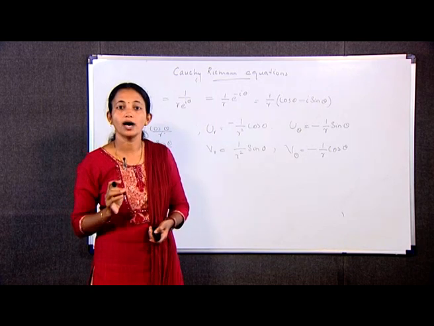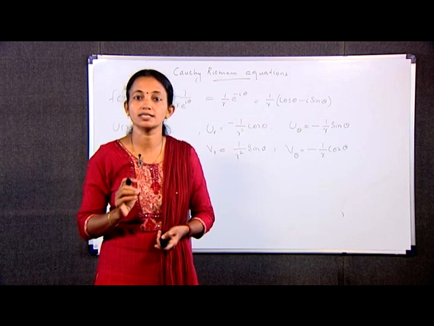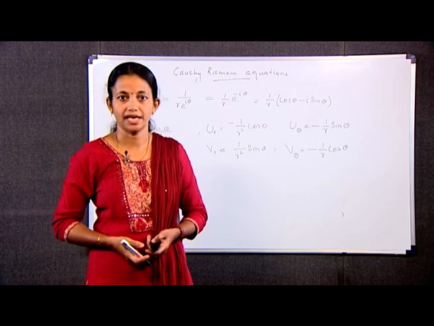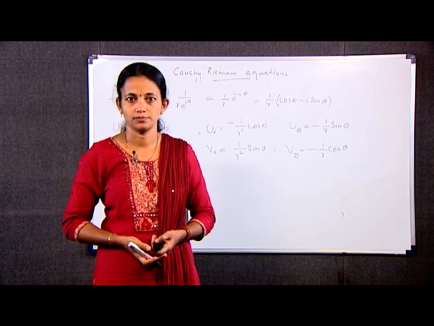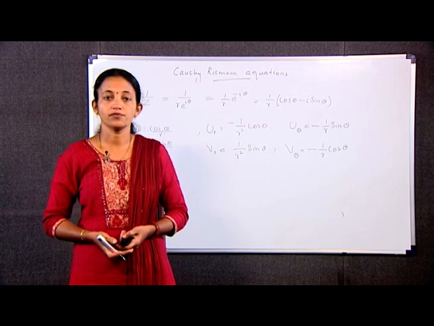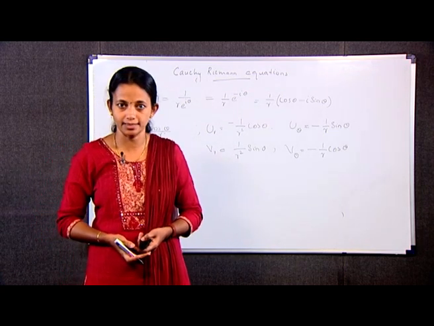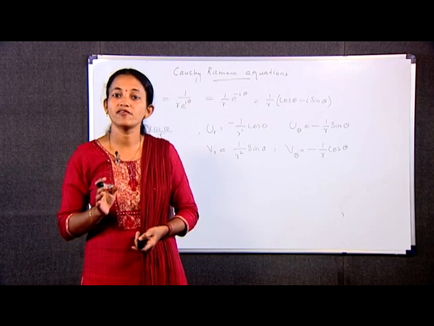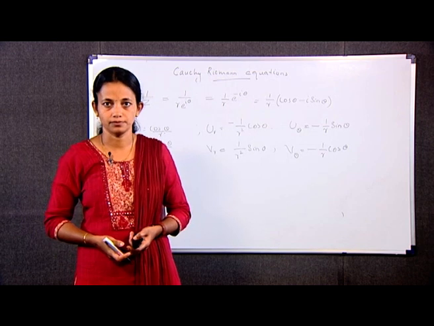Hence, u r is equal to 1 by r v theta and 1 by r u theta is equal to minus v r, and hence the polar form of the Cauchy-Riemann equations is satisfied. Also, the first order partial derivatives of the functions u and v with respect to r and theta are continuous at every non-zero point r theta in the complex plane.